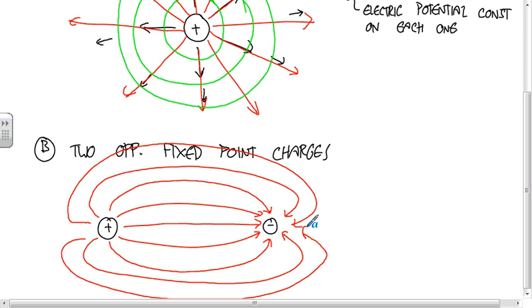Okay? And then for this one, it's a little trickier to figure out curves that are always perpendicular to these field lines, but it looks something like this.